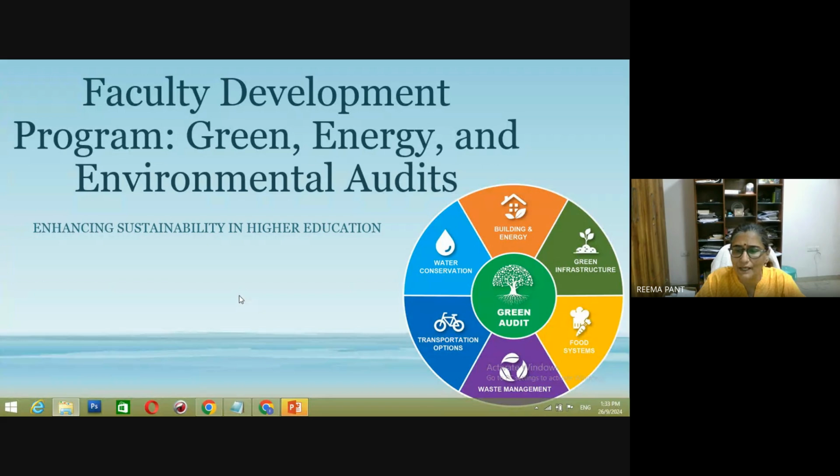Probably because we've come to this understanding that resources are dwindling and we have to conserve them. And there is no better place to teach and understand conservation than an educational institution. So probably that's one of the reasons why this energy audit has become one of the mandatory parts of NAC accreditation.